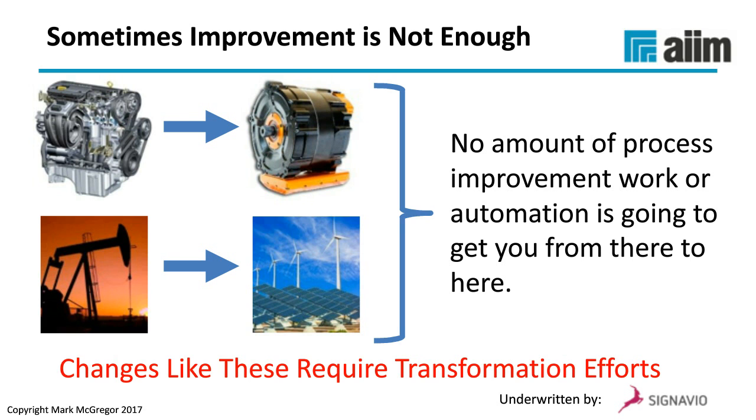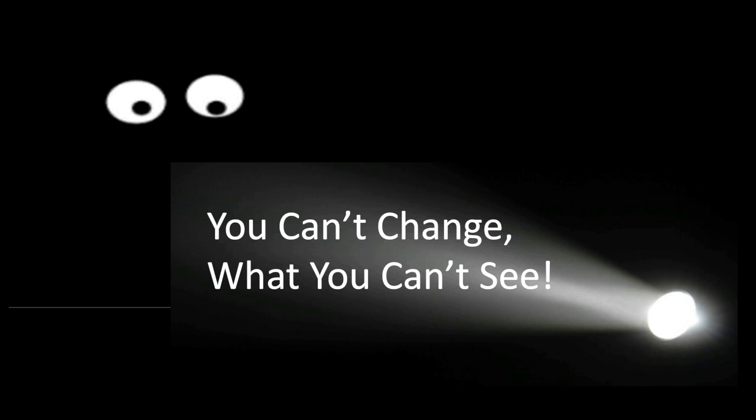So changes like these require transformation efforts. We're going to start to transform, and the problem is that we can't change what we can't see. I mentioned the example of distribution, and let's say with the distribution process, whether it be for the electric motors or, actually, could we reuse our distribution process?